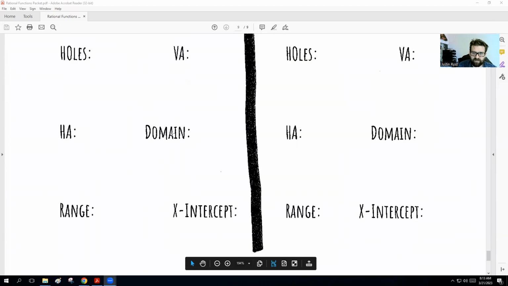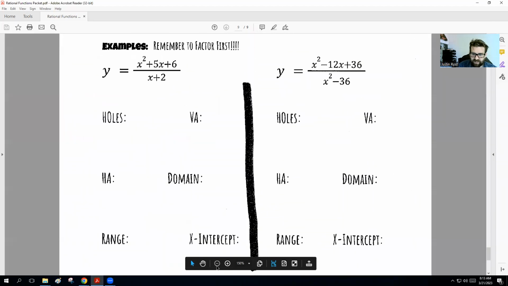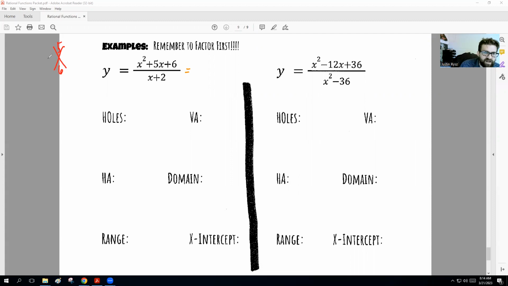All right, so let's do these problems here. Okay, that's better. We're going to name the holes, name the vertical asymptotes, list the horizontal asymptotes, name the domain, the range, and the x-intercepts. So for the holes, let's factor the top so we can figure out what's going on here. What two numbers multiply together to give us 6, add together to get 5?